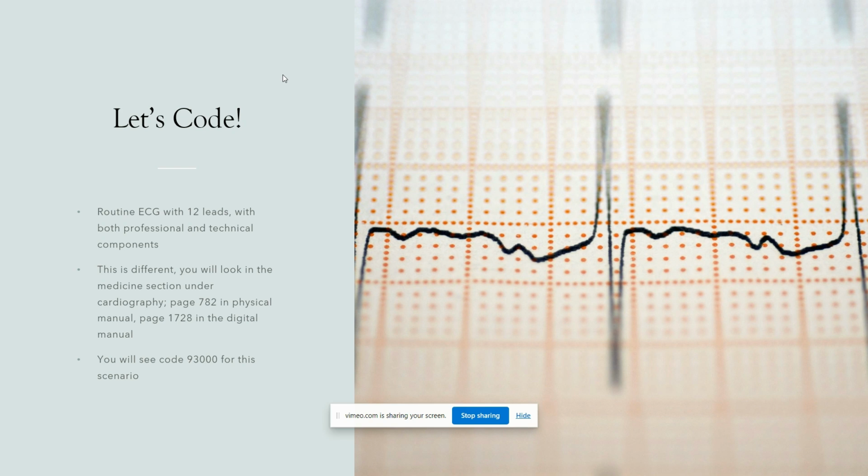So you're going to look in the medicine section for cardiography, which is page 782 in the physical manual, page 1728 in the digital. When you read the code, you'll see that 93000 is the correct code for this scenario. So one thing we have to pay attention to is the wording, making sure we are in the right section, because sometimes they can throw you a curveball and it can be in the medicine or the radiology.